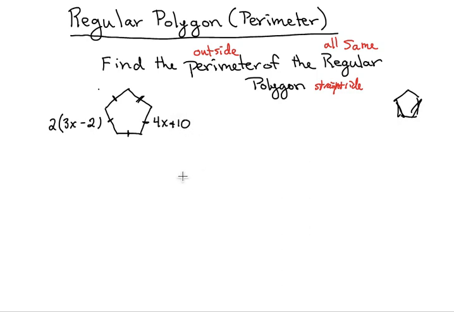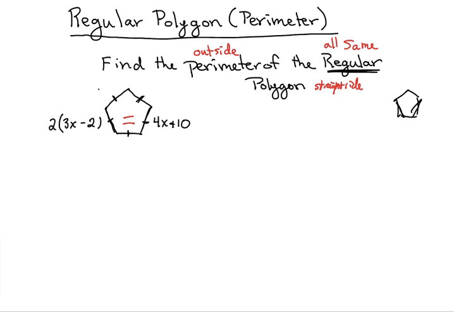What's kind of cool is to know that once we see the word regular in the directions, or if they're marked like this, that means this side length here is the same as this side length. And we have a special symbol for the same, meaning equal.